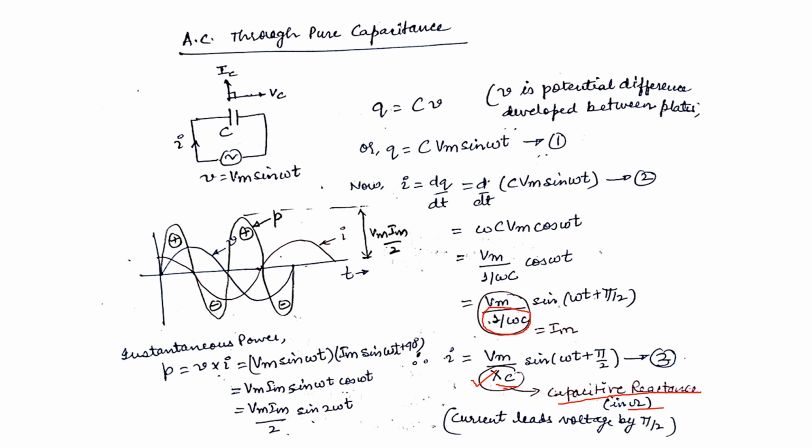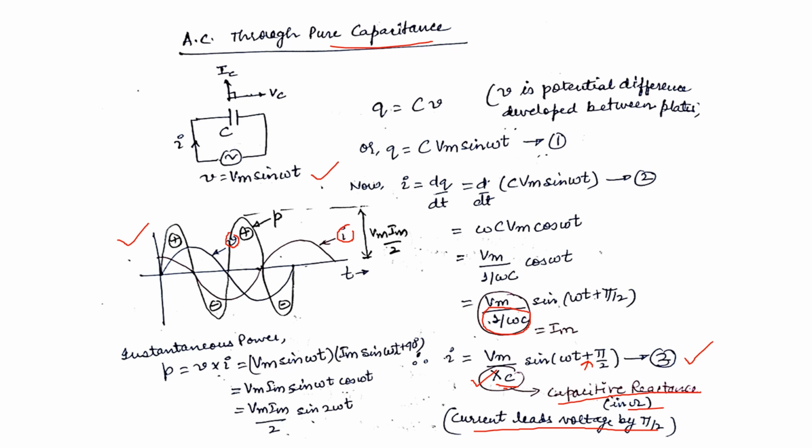Now if we compare this equation of the current with the equation of the voltage, we can clearly see that the current is leading the voltage by pi by 2 because of this plus sign. So for a purely capacitive circuit, the current will lead the voltage. Let us see this graphically. We can plot V and I, the instantaneous values of voltage and current, to show the variation with respect to time using these equations.